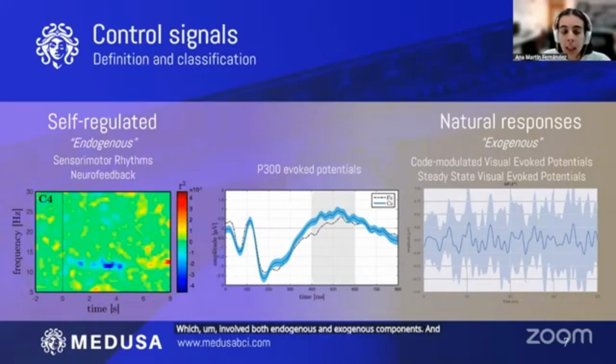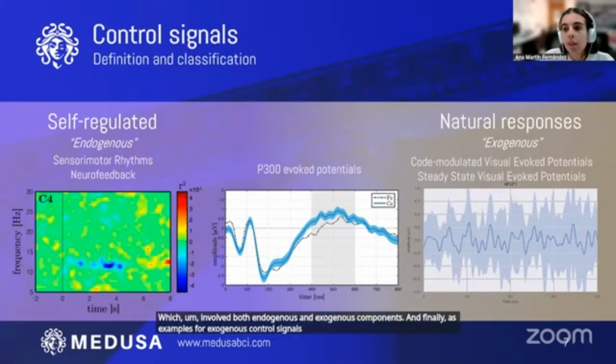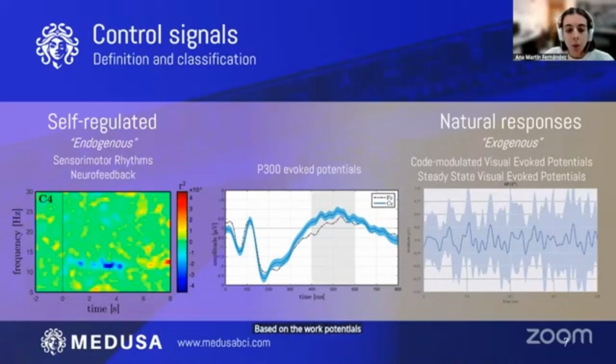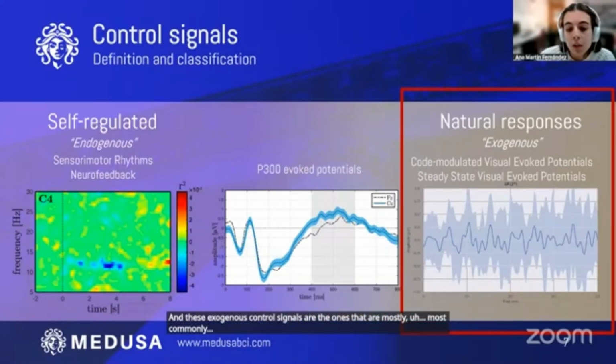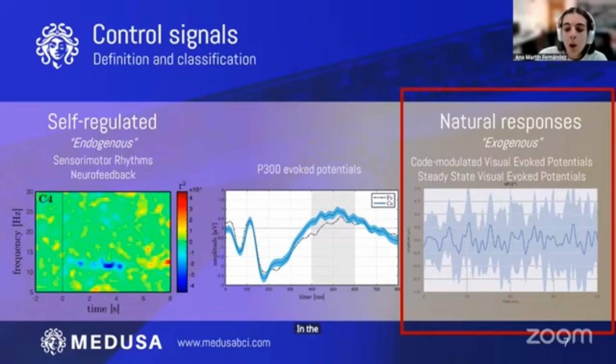And finally, as examples of exogenous control signals, we have steady-state visual evoked potentials and code modulated visual evoked potentials. And these exogenous control signals are the ones most commonly used in the implementation of BCI spellers.